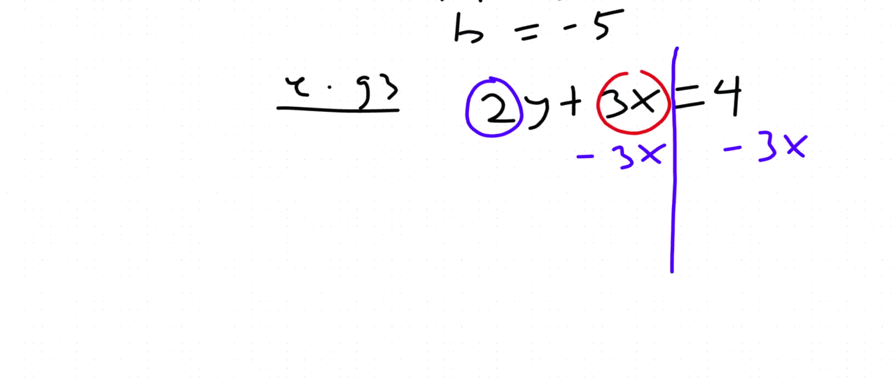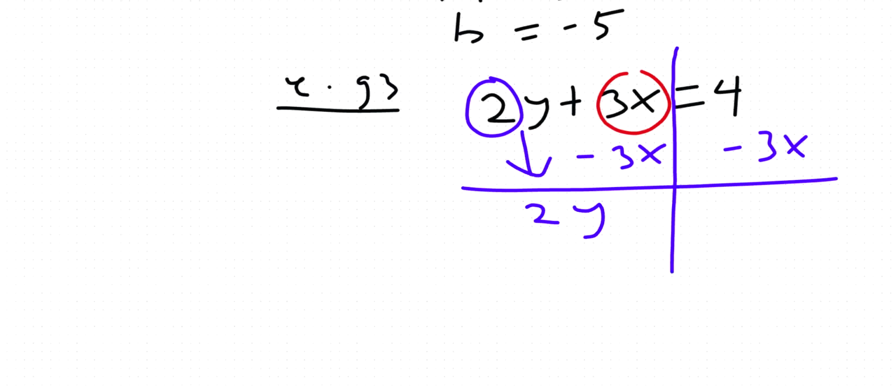Then bring another one here. So you will know this cancels this. This will be 0, and this will come down. That will be your 2y. And this is going to be 0. You already remove 3x. And I did the same thing to the right hand side to balance it. Whatever you do to the left, you do it to the right.